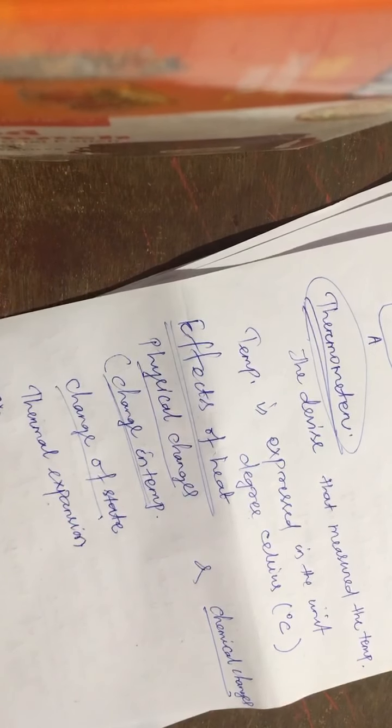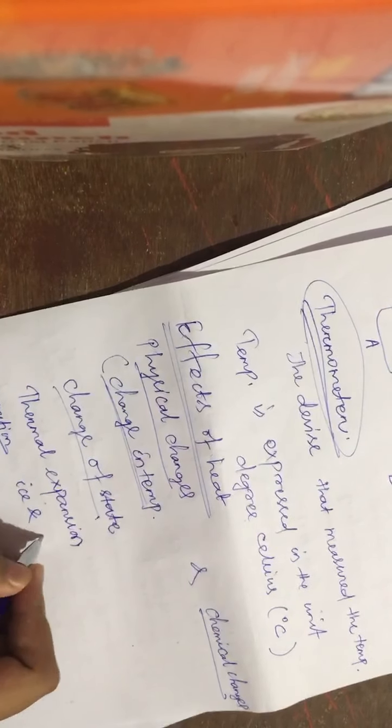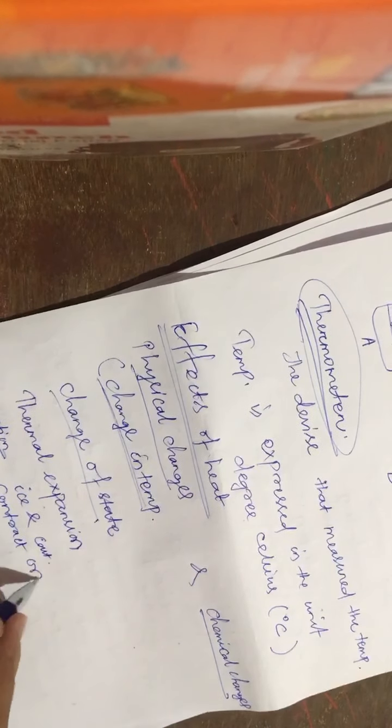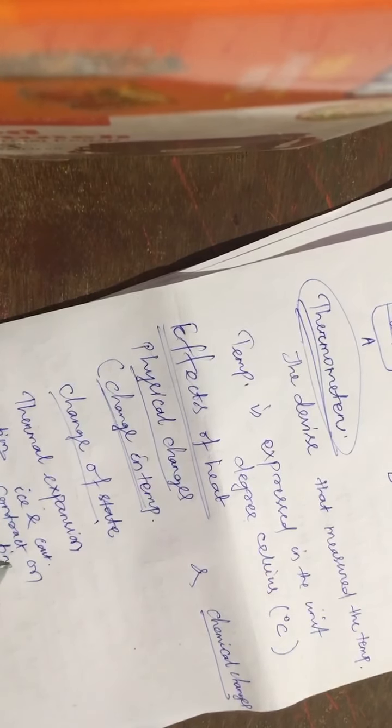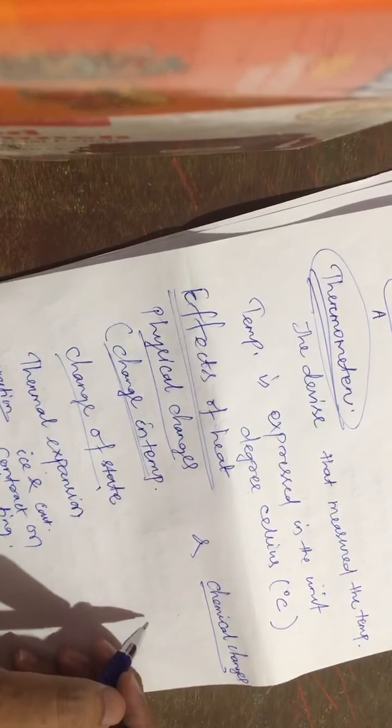This is known as thermal expansion. But there are a few exception cases: ice and cast iron contract on heating.